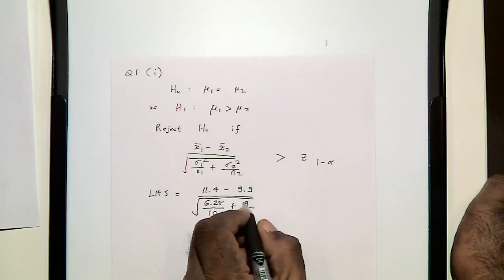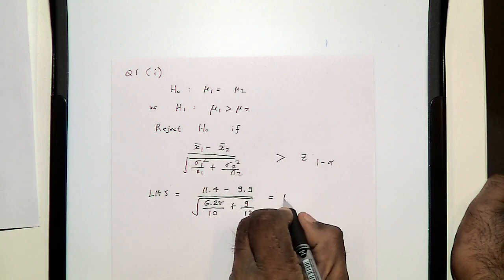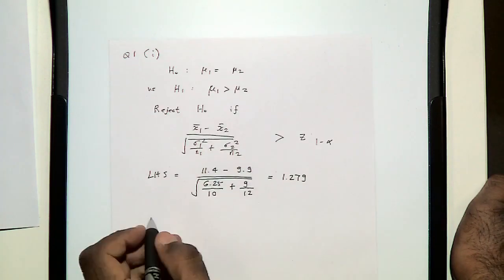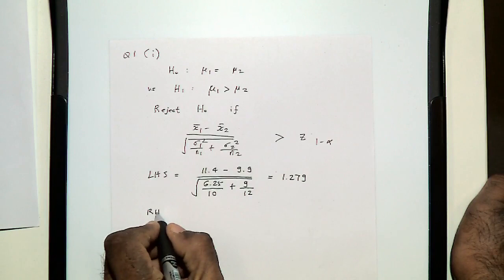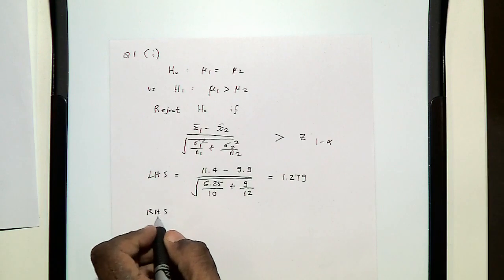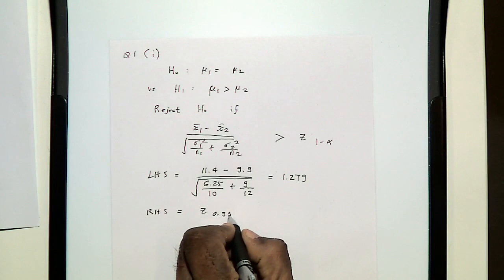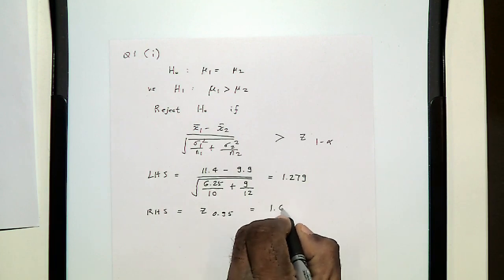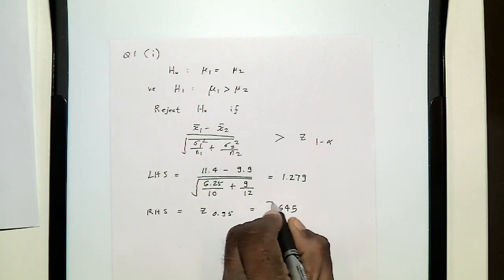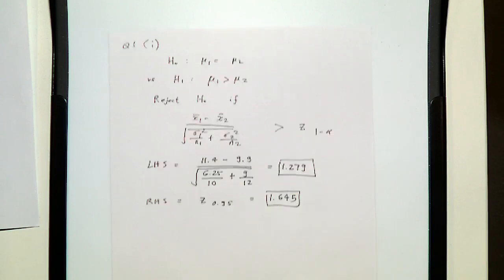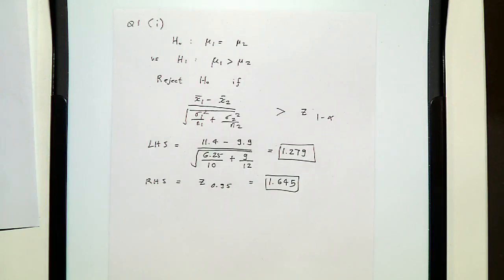If you compute this it will be 1.279. For the right hand side we are using alpha of 5%, so the right hand side is z 0.95, which is 1.645. This is the right hand side, this is the left hand side, and clearly the left hand side is not greater than the right hand side.